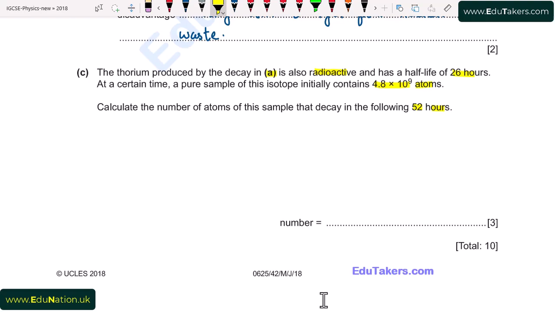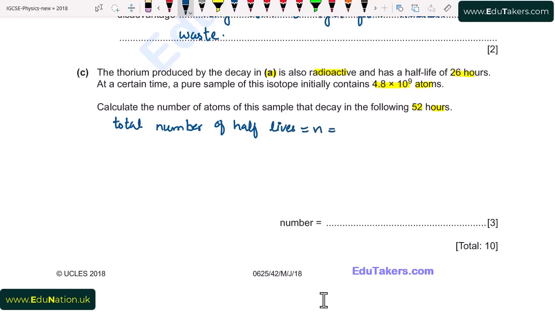So first of all, decay time is given 52 hours and half-life of thorium is 26 hours. First of all, we have to find out the total number of half-lives. I represent it with n.